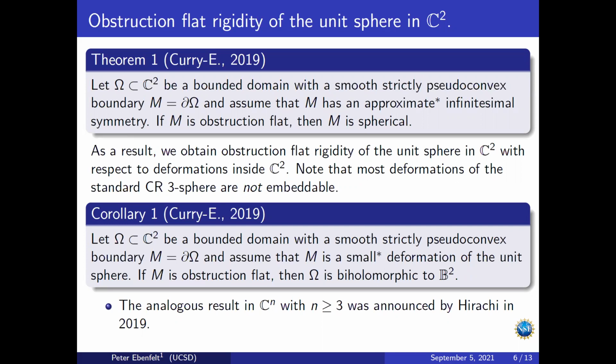In fact, there's an asterisk there on small. We can actually describe how big the set of deformations allowed in corollary 1 is, because you can describe how long the infinitesimal symmetry of the sphere remains an approximate symmetry of the deformation.